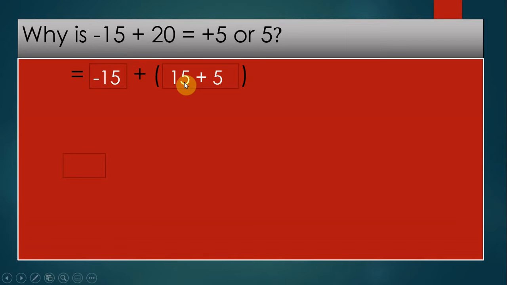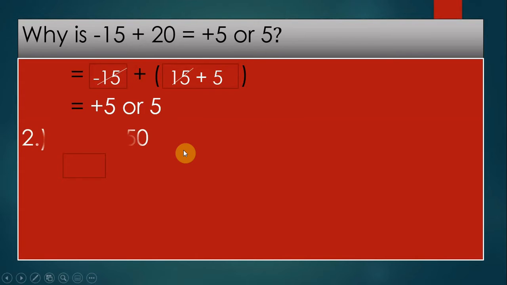Negative 15 and positive 15 are opposite. Therefore, if you combine negative 15 and positive 15, the answer is 0. That's cancelled. And what is the remaining number? The answer is positive 5 or 5. So this is the answer.